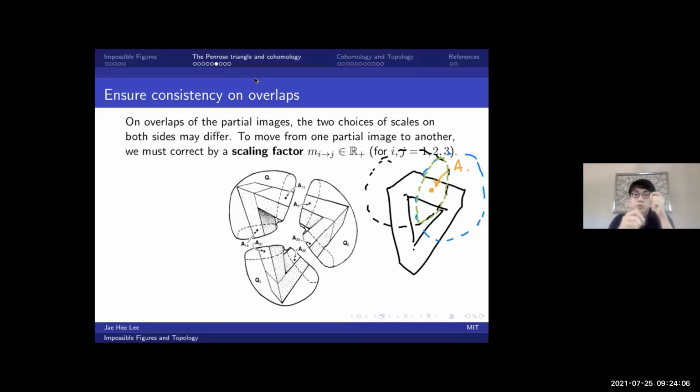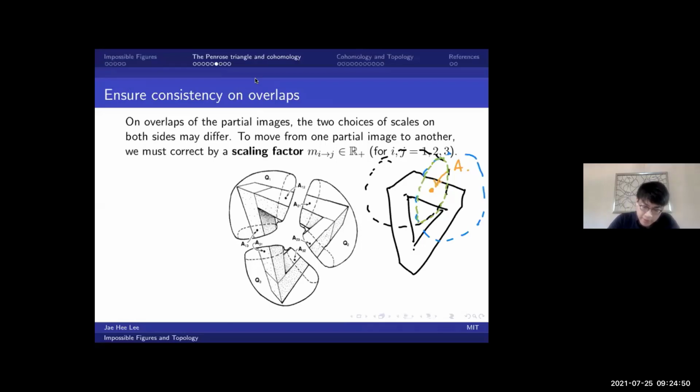To correct this difference between the two distances, we will introduce a certain multiplicative factor such that if you multiply it to the distance coming from the first partial image, the first object, it is going to equal the distance of the second object. Okay, so we've introduced these extra scaling factors, which correct the difference that we introduced by choosing arbitrary scales for each of the three pieces. So I hope that makes sense.